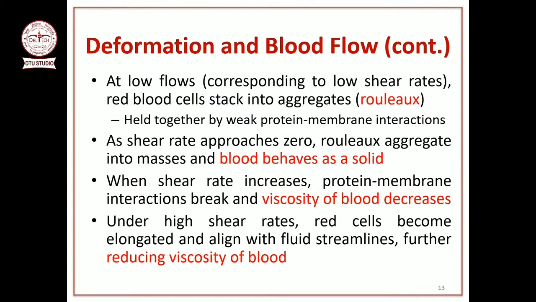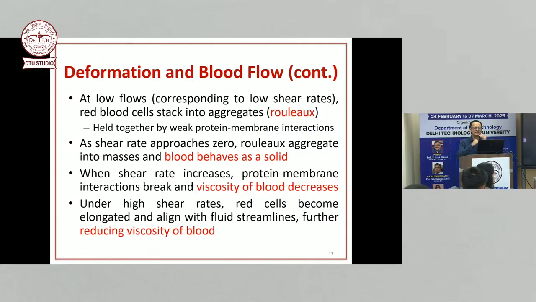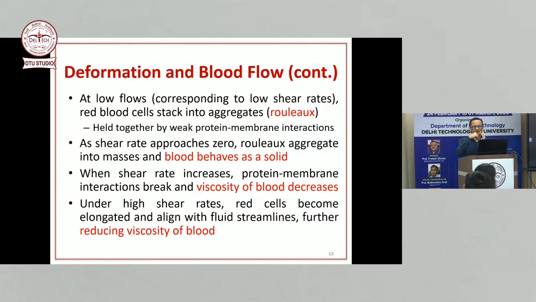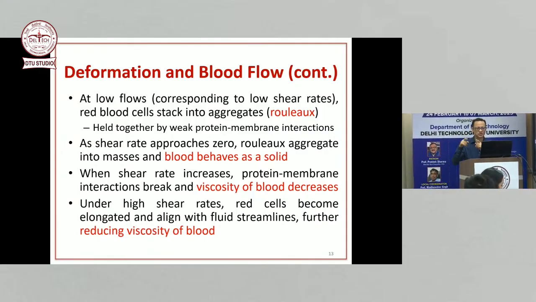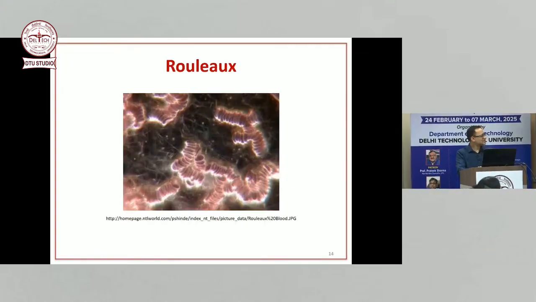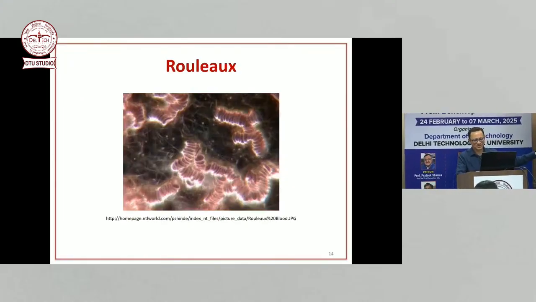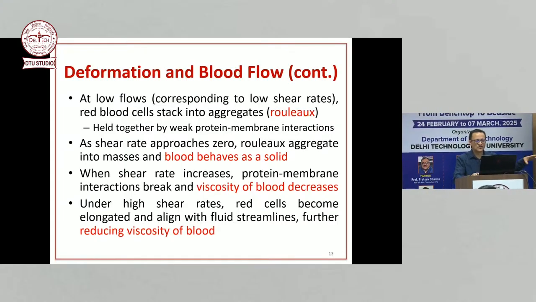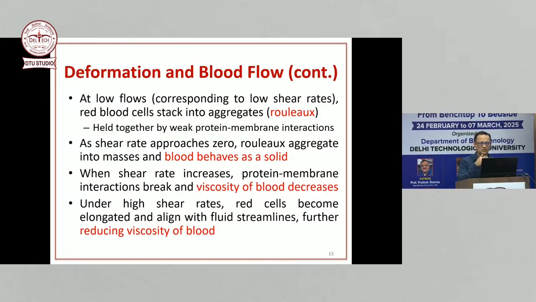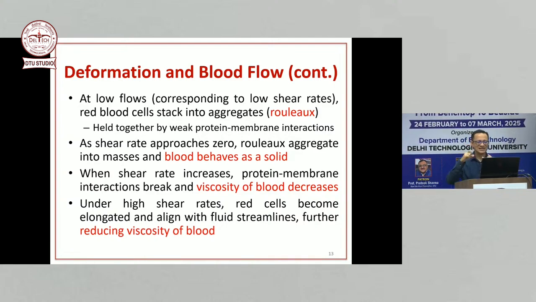Another concept in blood flow is rouleau. At low flows, these red blood cells can stack one over another, and I can quickly show you, these are rouleau formations. With weak protein membrane interactions, these red blood cells can stack over each other, and this is known as rouleau.